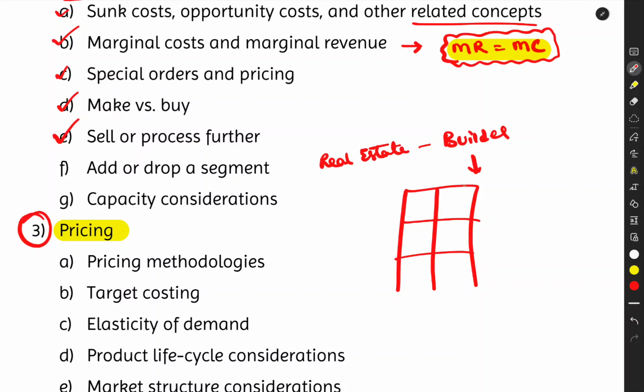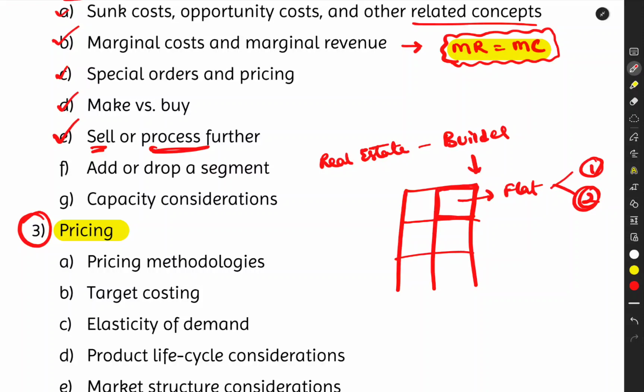And each flat, I have two options. One is to sell it without any kind of interior, without any kind of furniture, and the second one is sell a fully furnished flat. Right. So the first option is called sell, second option is called process further.